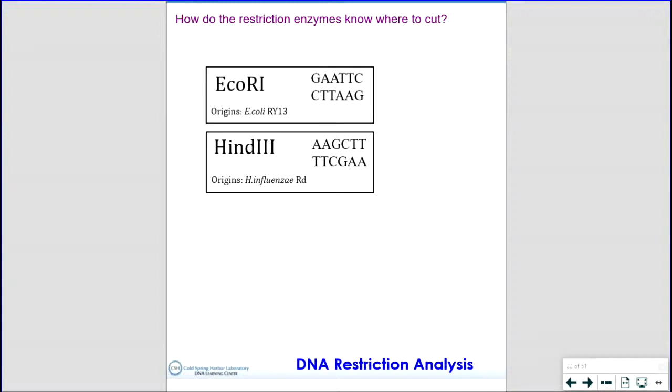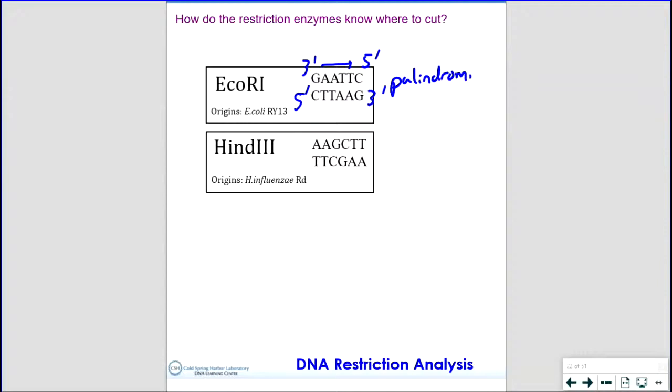What you should notice is that if you look at EcoR1, for example, from 5' to 3' on one strand and 5' to 3' on the complementary strand on the other side, you'll notice that it is the same sequence forward and backwards. So we call this a palindromic sequence.